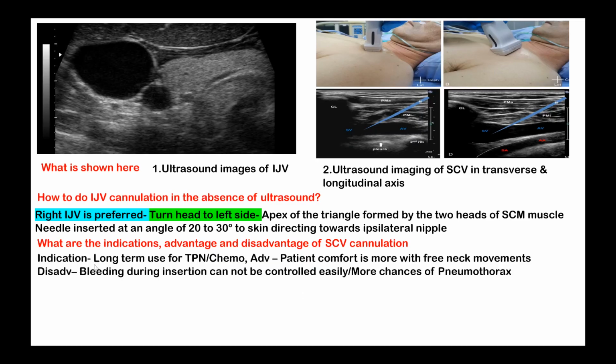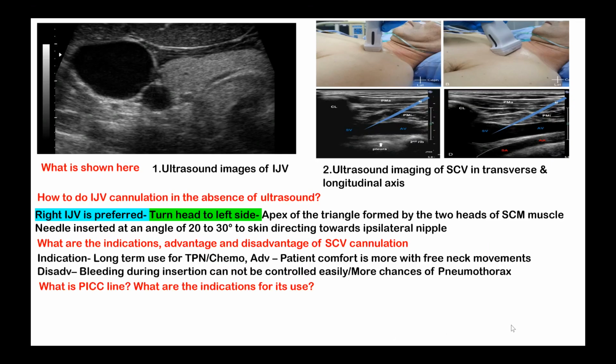So indication is for long-term use for either TPN or chemotherapy. Advantage: patient comfort is more with free neck movements. Disadvantage: bleeding during insertion cannot be controlled easily, and more chances of pneumothorax. These are the two disadvantages.